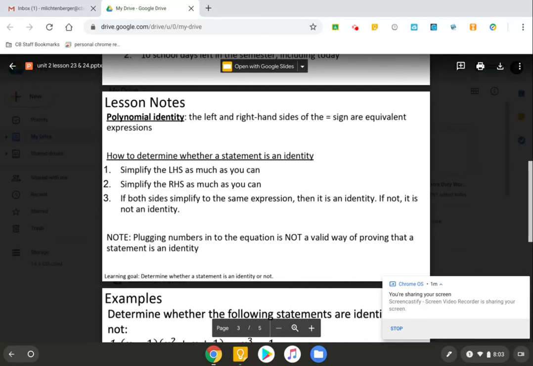Plugging in a bunch of numbers only proves that it works for that specific combination of numbers. Doing the algebra and simplifying and seeing whether you get the same thing or not, that will prove or disprove whether it works for all combinations of numbers. I can't stress how important this is. Again, this will come up on your test later this week.